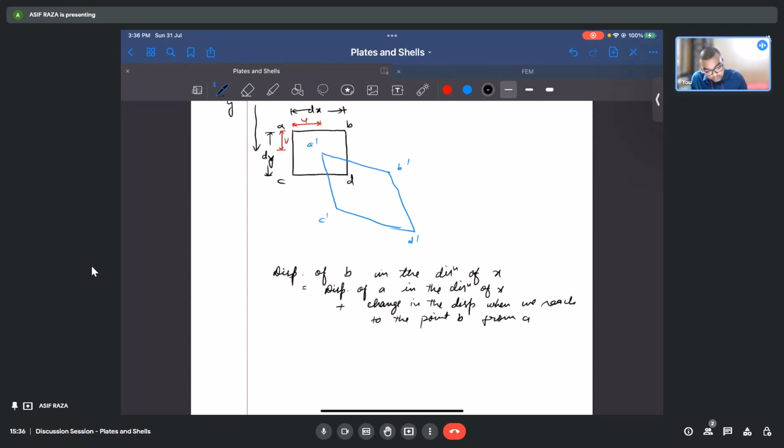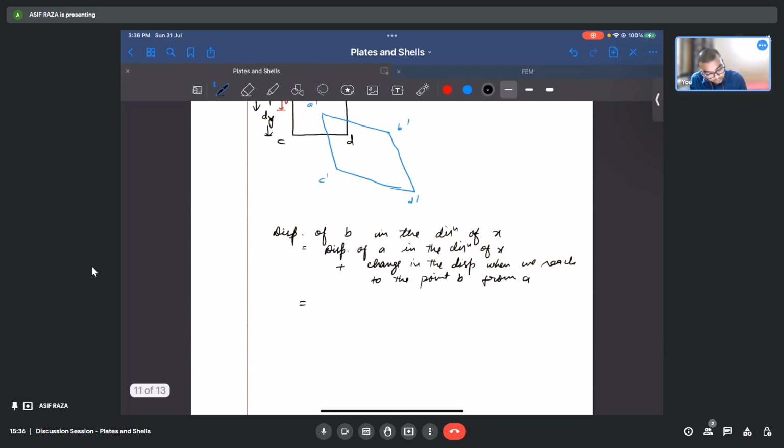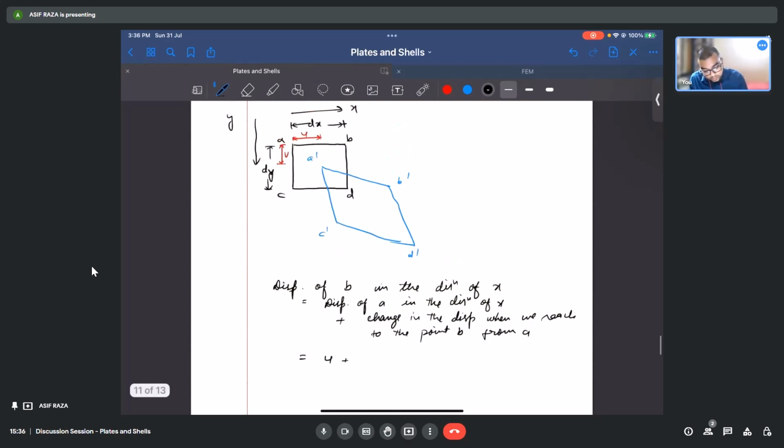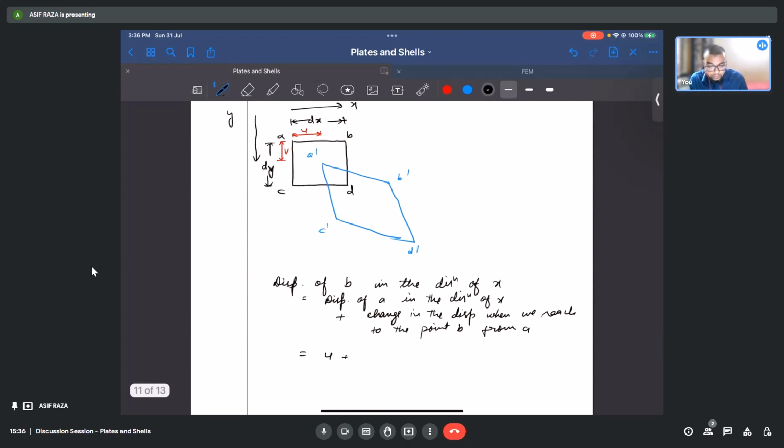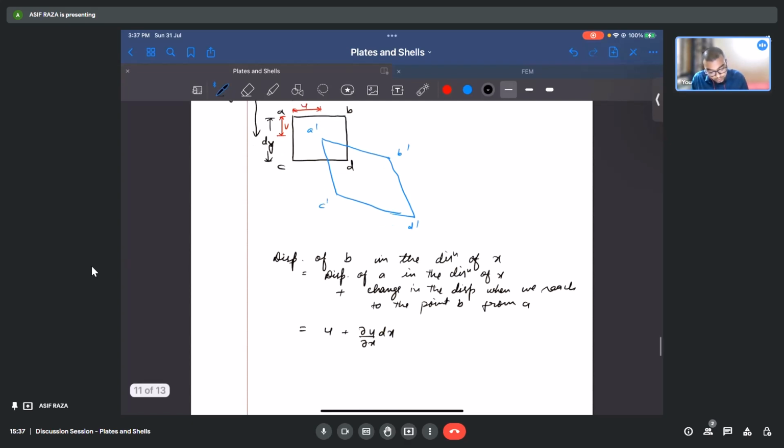So what is this change we're talking about? The first part is the displacement of A in the direction of x, which is u. So the point A is displaced to A dash in the direction of x as u. The net change would be ∂u/∂x times the distance between points A and B, which is dx.